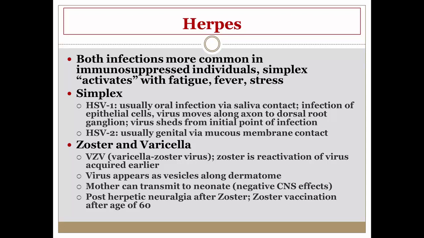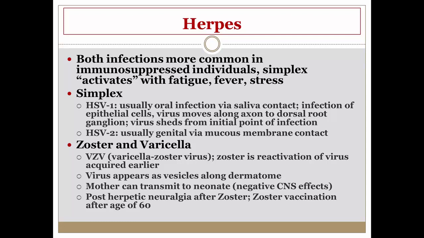In the last, I think it's 5 years, maybe 10, we do have a vaccination for zoster, and it is recommended that individuals be vaccinated after the age of 50 to 60. However, we know that as we get older, that vaccination is less effective. At the age of 50, the vaccination is about 70% effective.